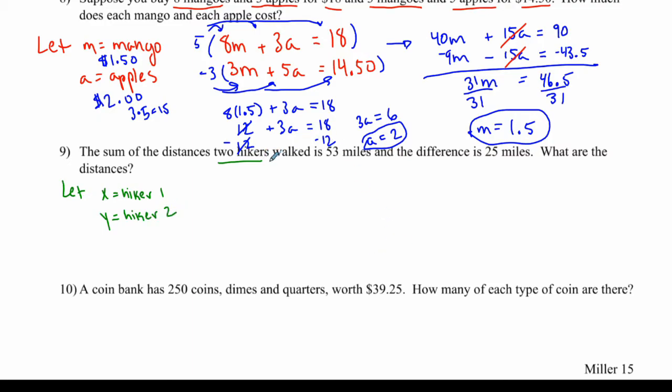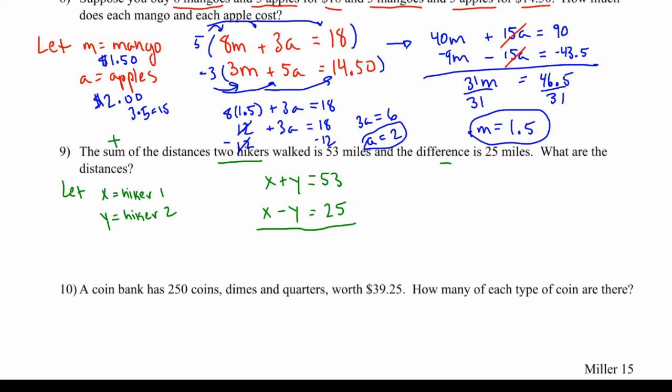Okay, now when we found the sum, so we added the distances that they walked, so x plus y equals 53. The difference between what they walked, so x minus y, is 25. Okay, what are the distances? So we can solve by either elimination or substitution.